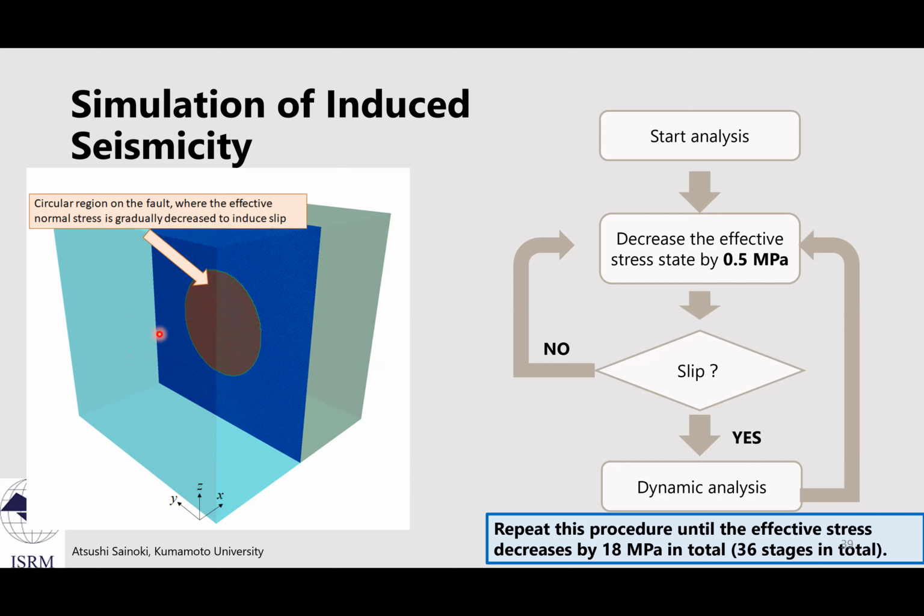Also, it is to be noted that the purpose of this study is not to simulate mining activity accurately. We aim to examine how the complex stress state on the fault zone affects the occurrence of seismicity.